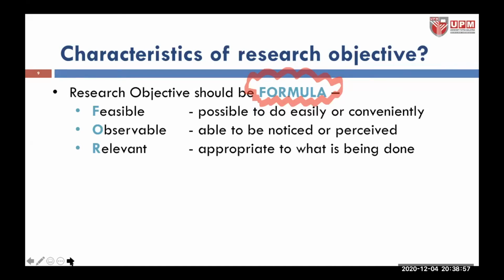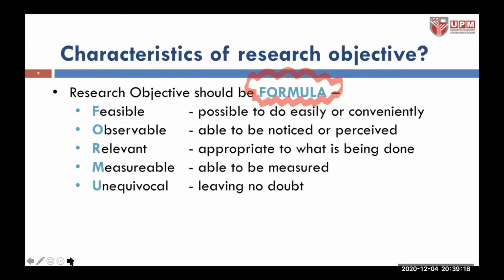It cannot be something not relevant to the topic or subject under study. And then it also must be measurable, able to be measured. What are the quantities? What are the units behind it? And then unequivocal, meaning leaving no doubt, meaning that it is clear and concise in terms of the objective being written.